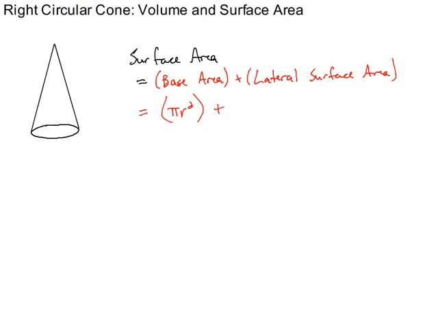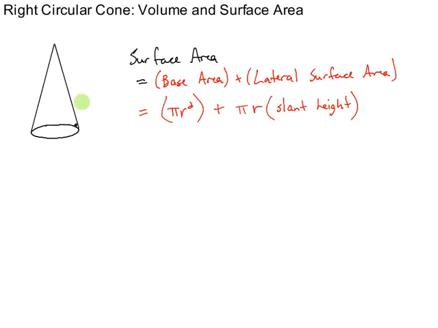Without calculus and some other things, it's not easy to see why, but you calculate the lateral surface area by taking pi times the radius times the slant height. Not the height, but the slant height.